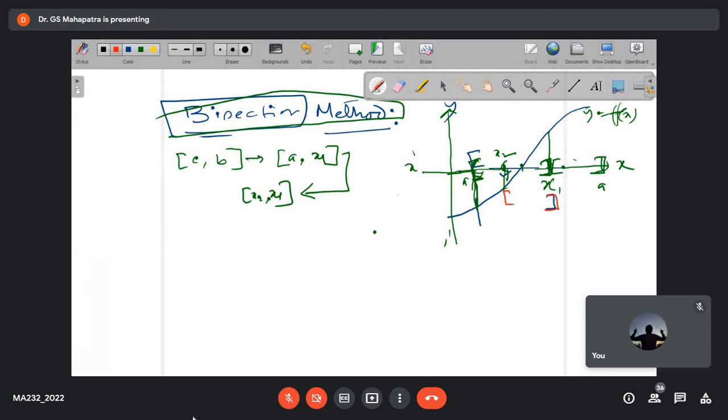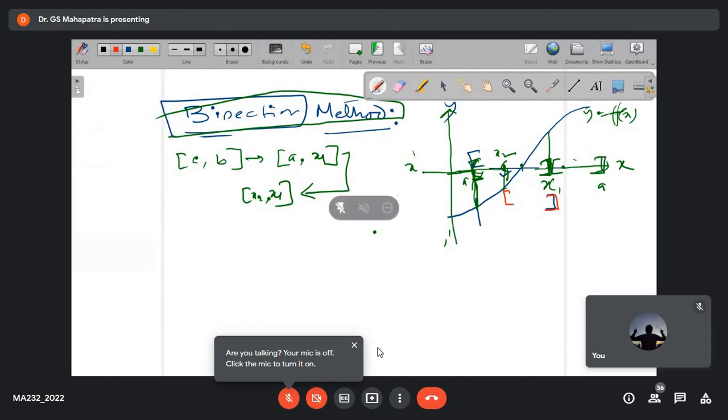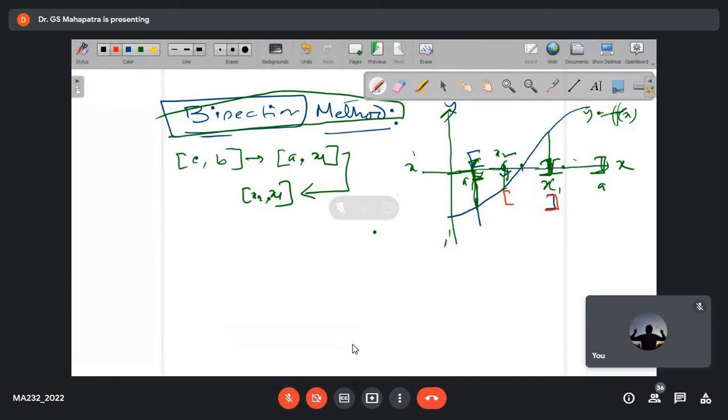So what is happening? Using the bisection method means you are bisecting the length of the interval on the x-axis, and the interval length keeps reducing, and ultimately if you continue that process you will reach here. At that point the root exists.